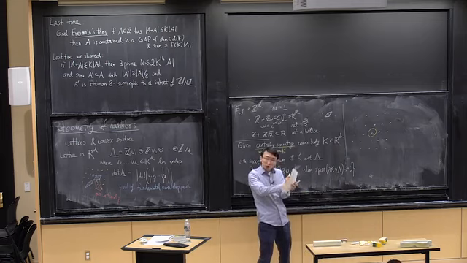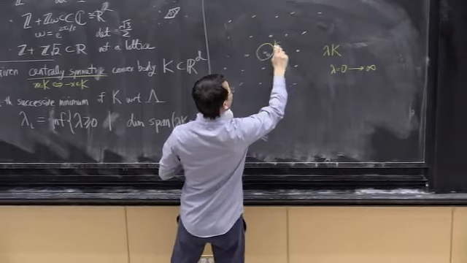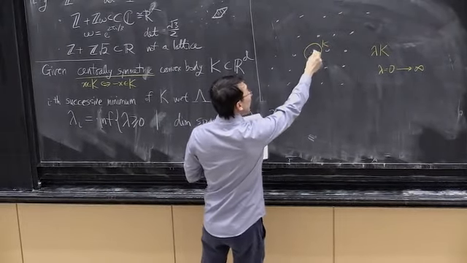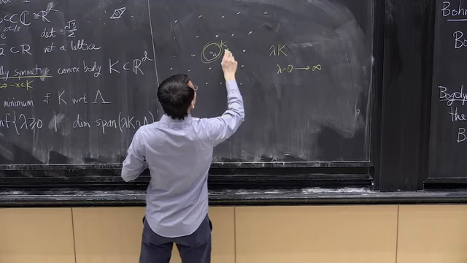And let's consider an animation where I look at lambda K, where lambda goes from 0 to infinity. So this is K. Initially, lambda K is very, very small. And I imagine it growing. It gets bigger and bigger and bigger.